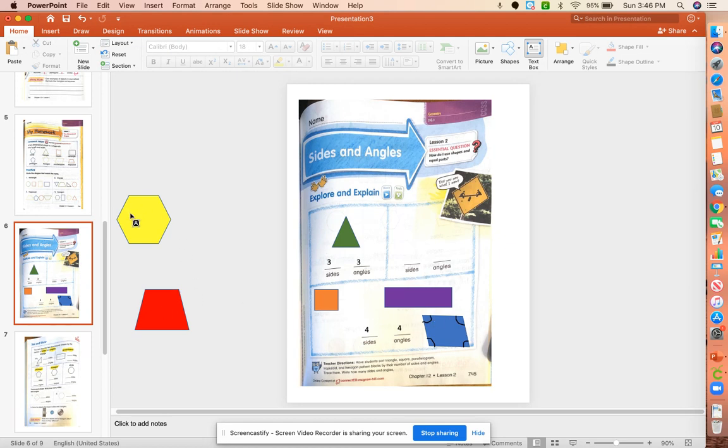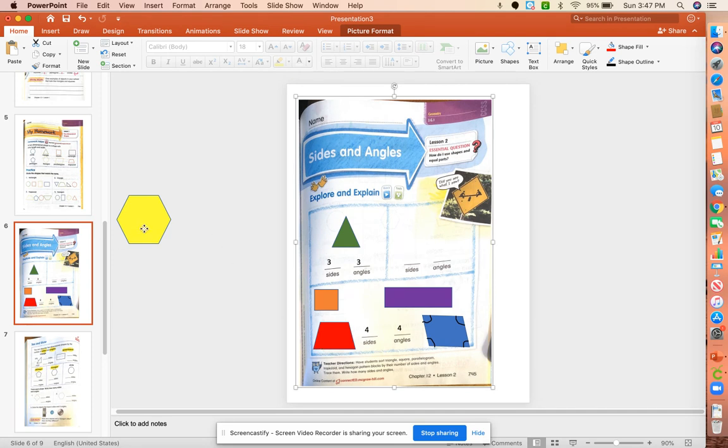Anything else between these two? The trapezoid is also one that belongs in this box that has four sides and four angles. Let's look at those sides. 1, 2, 3, 4. And here's an angle 1, here's an angle 2, 3, and 4.